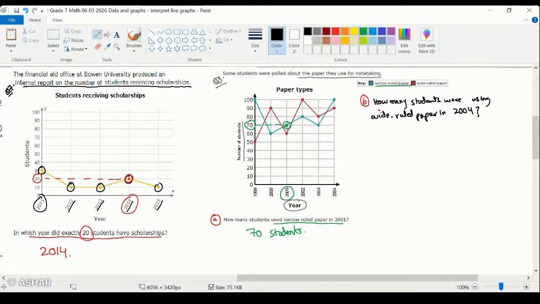In the year 2004, the wide rule paper was given by this red line, and this was 90. We can simply say 90 students were using wide rule paper, a paper which has a wider margin, right? Okay, let's see what else we can do.